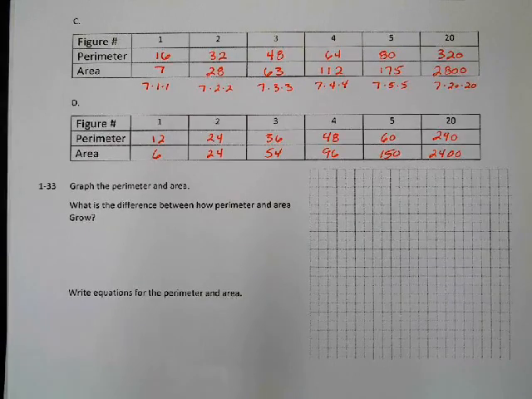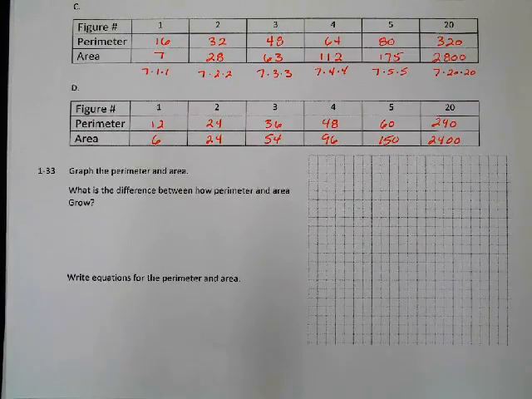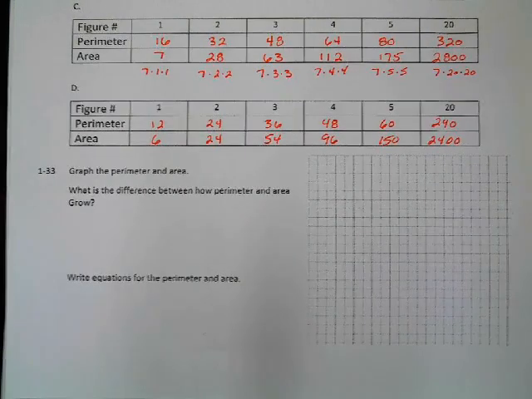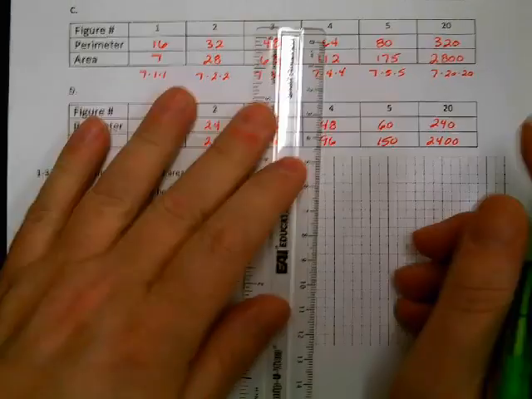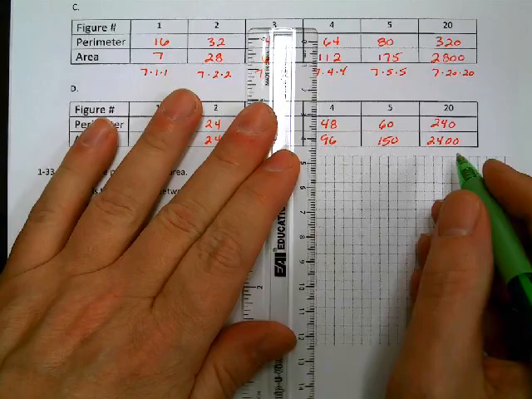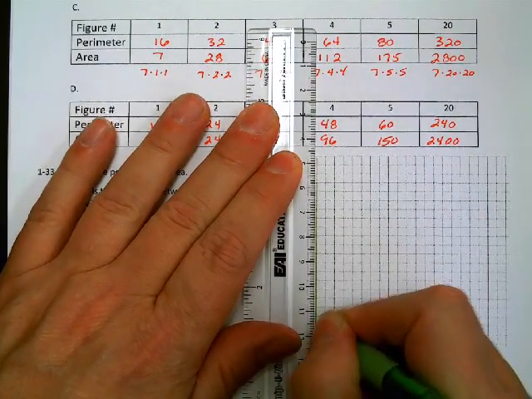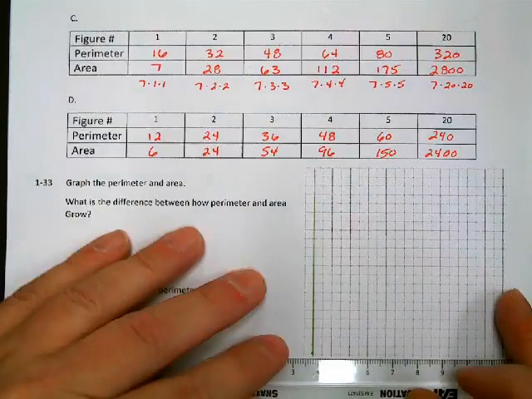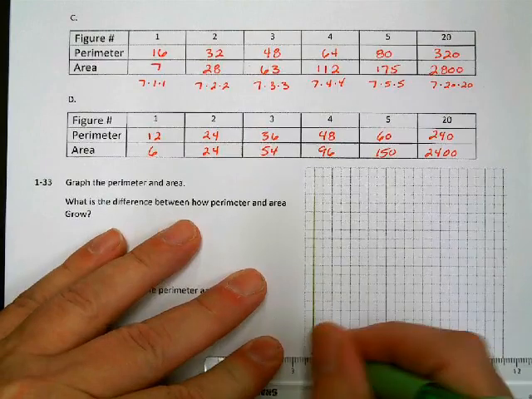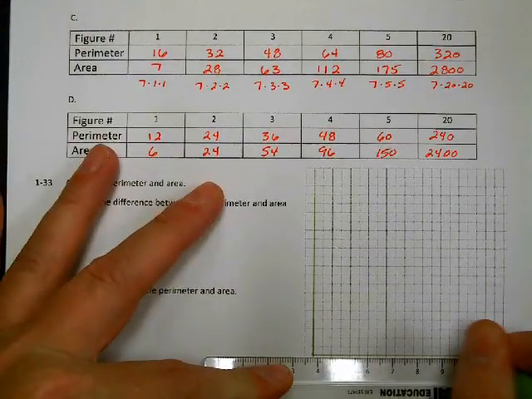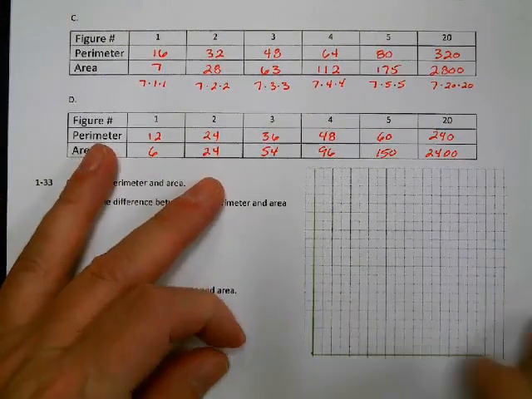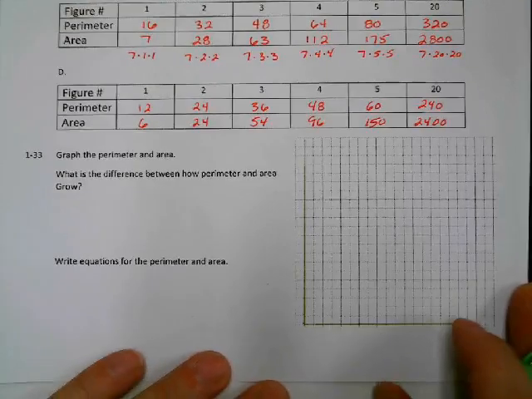All right, let me get my ruler. I got my ruler. So I'm going to put my y-axis over here. Here's my y-axis. And I'm going to put my x-axis down here somewhere. All right, my x-axis, I'm going to make the figure number.